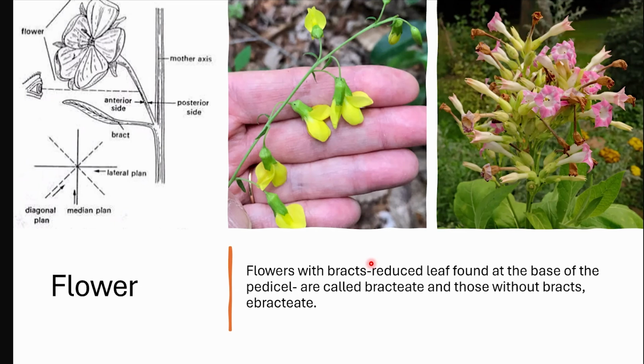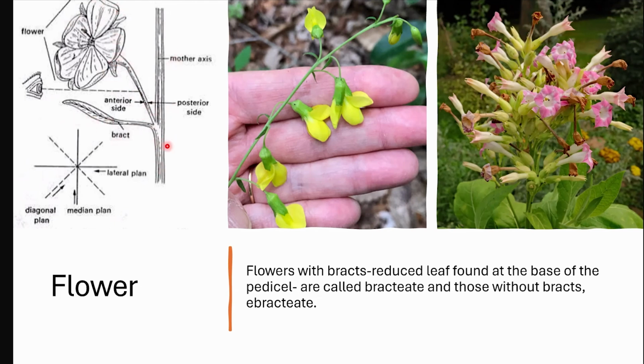So over here, flowers with bracts, reduced leaves found at the base of the pedicel, are called bracteate, right? And those without bracts are called ebracteate. So this is what a bract looks like. If this is a plant, if this is a flower, this is a stem.